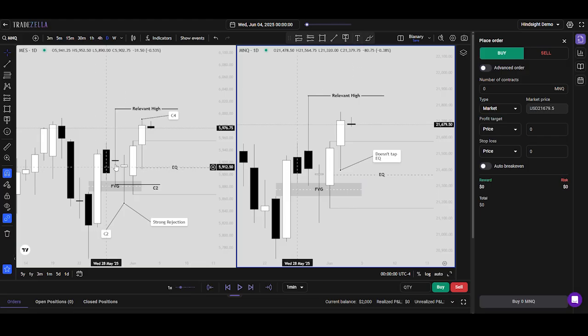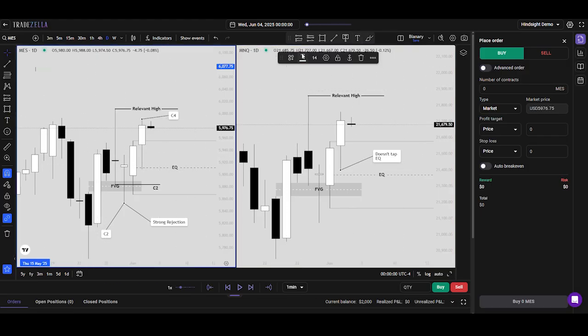And then after I have my chart marked out, I've taken notes. I'm gonna make a short bit of text at the top just to summarize what I see. On the daily time frame, looking to trade the model higher into the relevant high in bullish expansion.